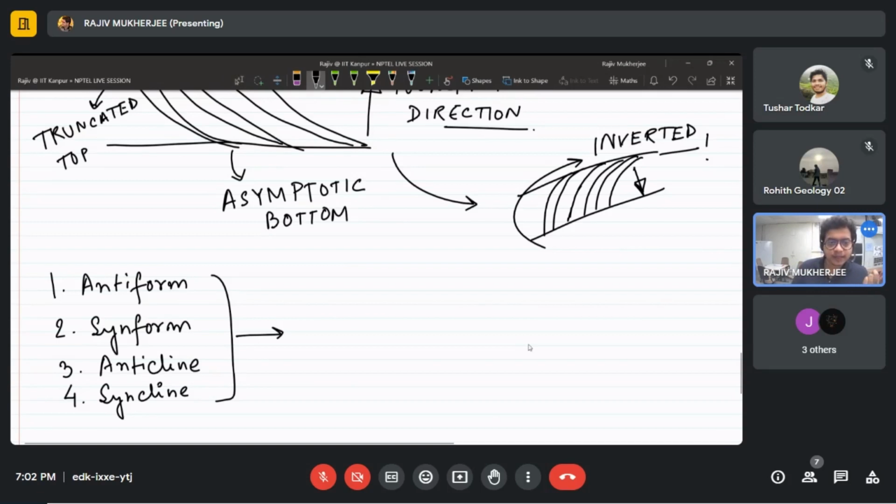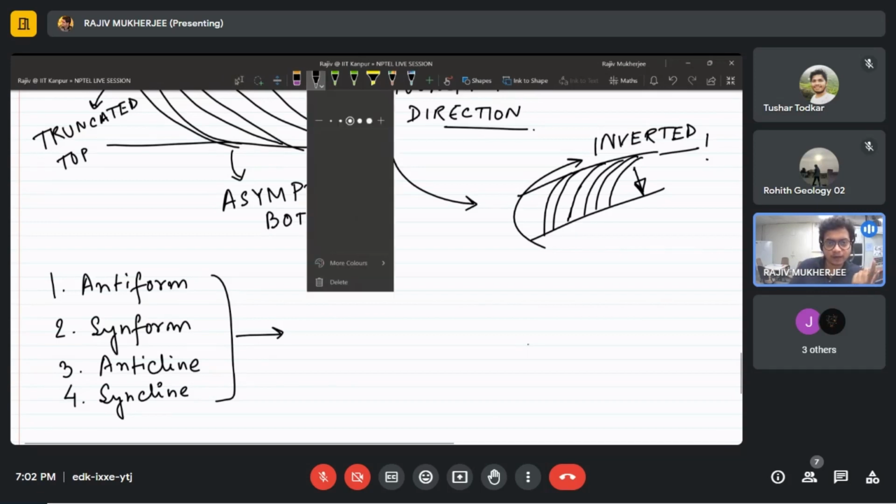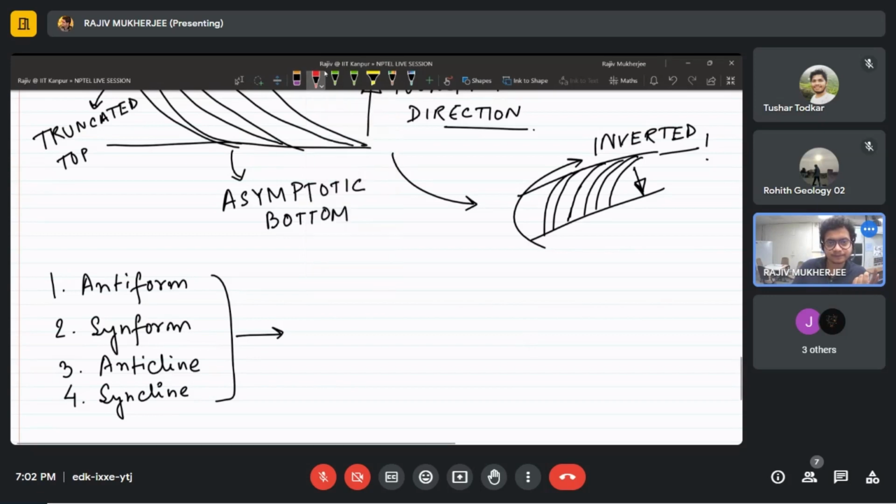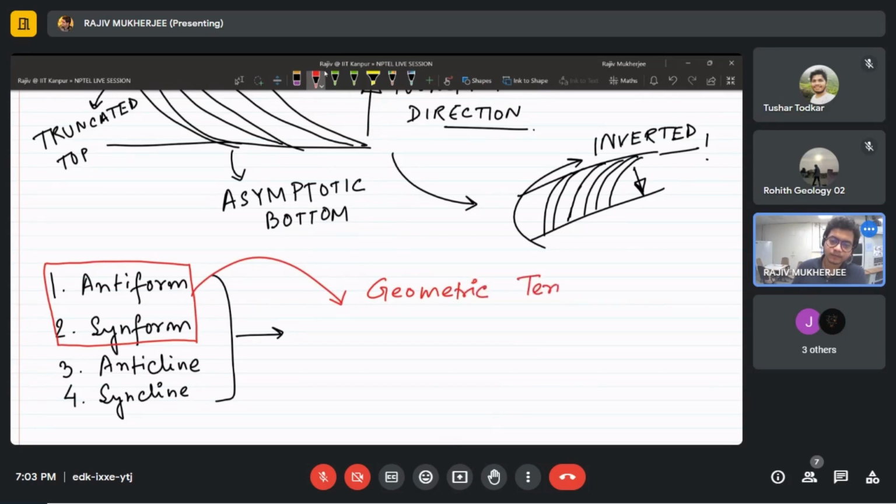So you should understand that antiform and synform, these two terms, are geometric terms, right?